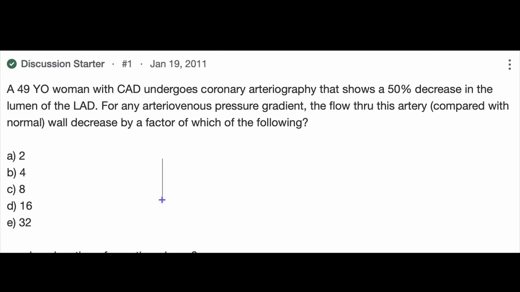So it was resistance equals 8 times viscosity times length, divided by pi times r to the power of 4, right? We are only concerned about the radius, so it's r to the power of 4.